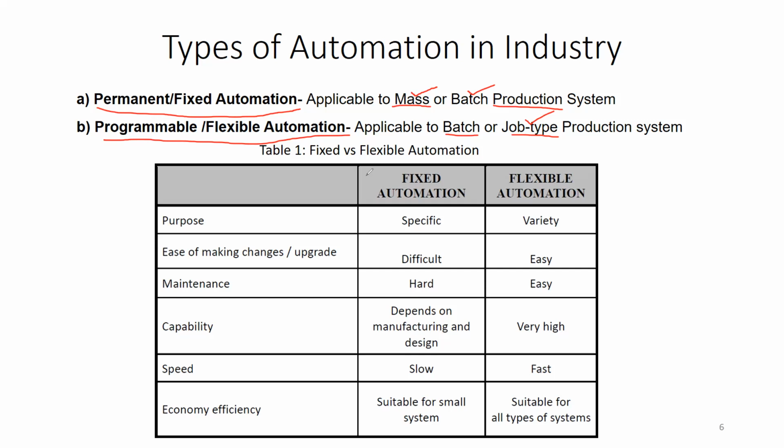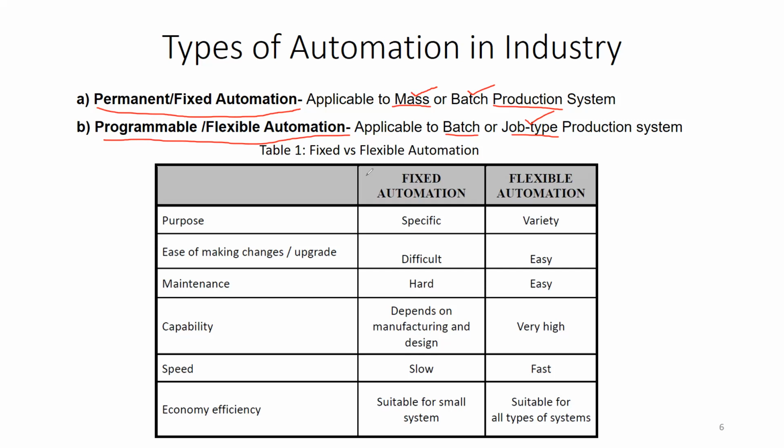So that means if you are installing a conveyor belt for automation, there you are going for a mass production system, because after assembling all those things like conveyor belts with the machines, once you have installed that, it is very difficult to change its position and location.